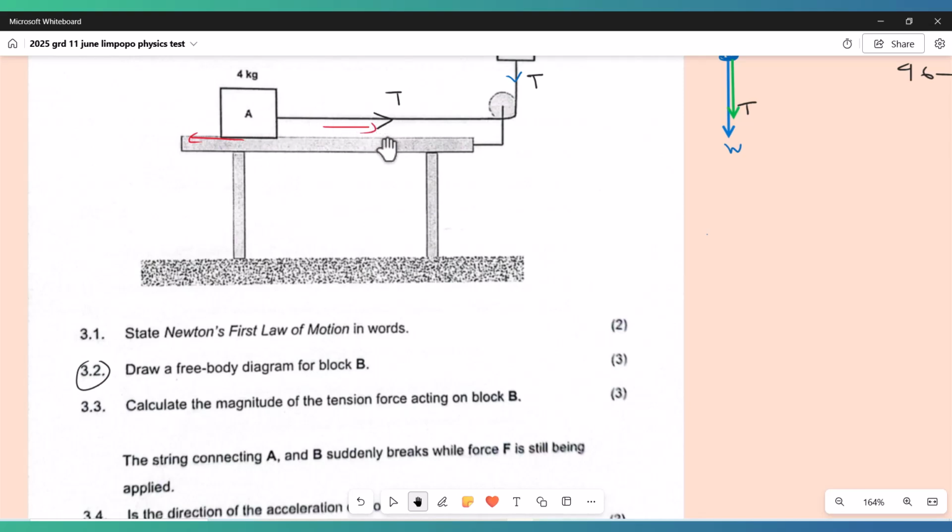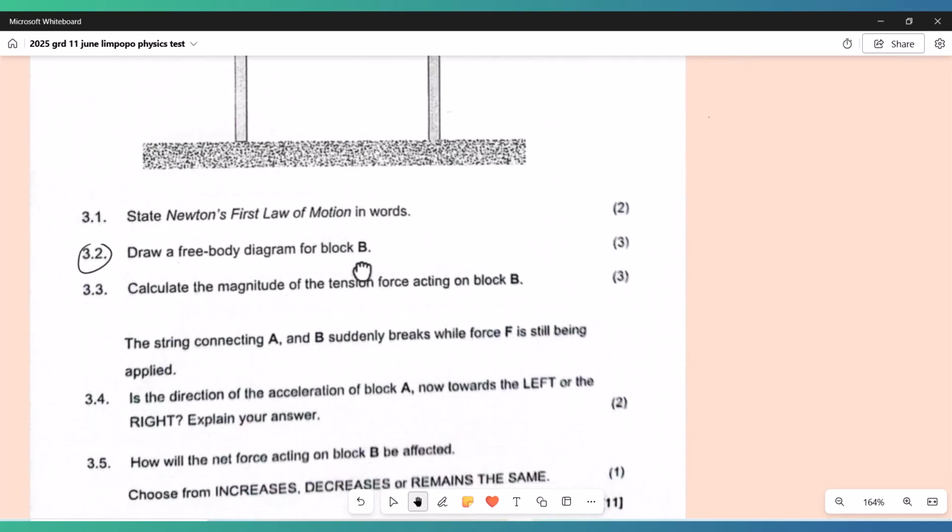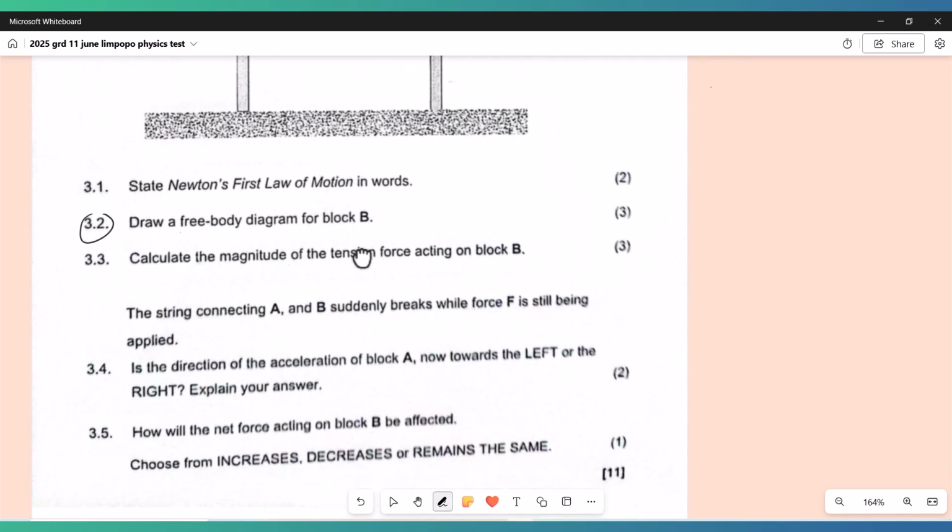However, the frictional force is pulling backwards, which is to the left. So the net force must be to the left because now the only remaining force is the force of friction, which is opposing the motion and which is going to be to the left. So it's going to be to the what? To the left.